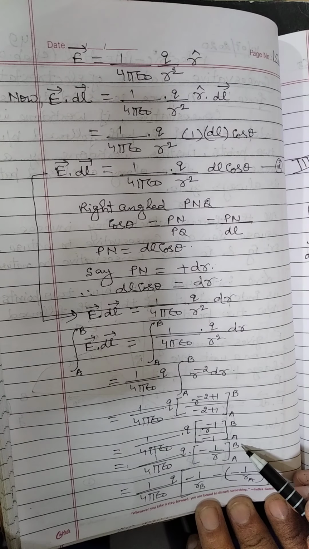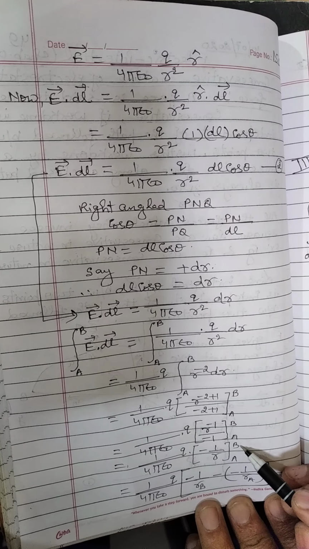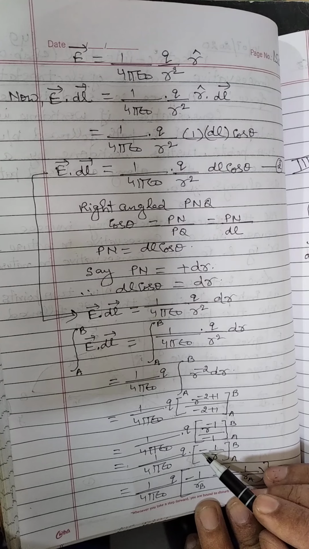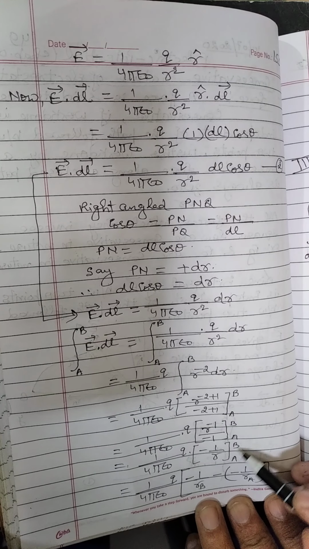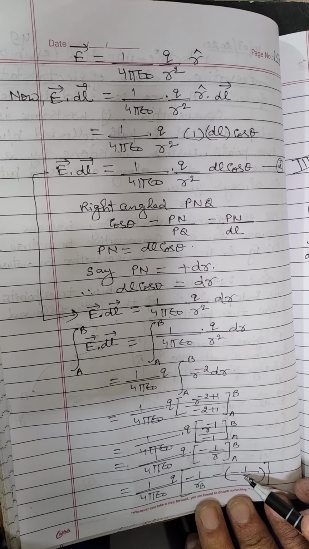Now in the definite integral, higher limit minus lower limit. Higher limit is b and lower limit is a. So minus 1 upon rb minus this minus 1 upon ra. This becomes plus.